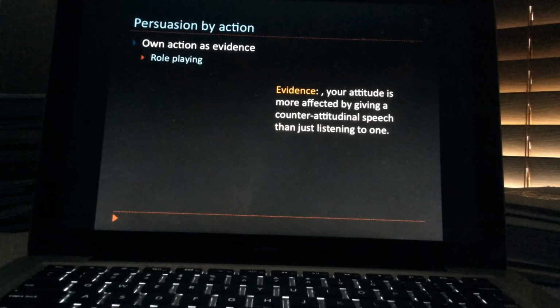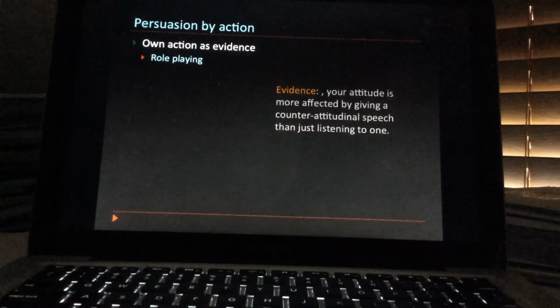Right, so if you're against climate change and then you're forced to give, in a debate, for example, or a class presentation, a speech on pro-climate change, then your attitude is more likely to be changed or persuaded than if you listen to the same speech.